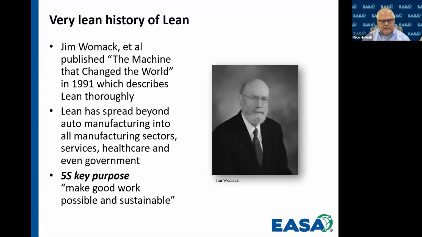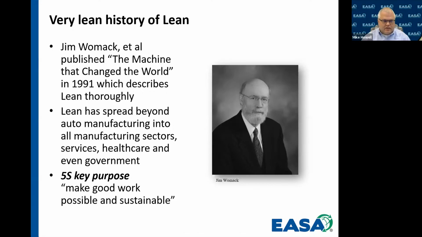In the 90s, with a lot of push towards improved quality, lean was really making a move, especially with large manufacturers and especially with automotive manufacturers in the U.S. Jim Womack, who was with Lean Enterprise Institute, published a book called The Machine That Changed the World back in 1991.